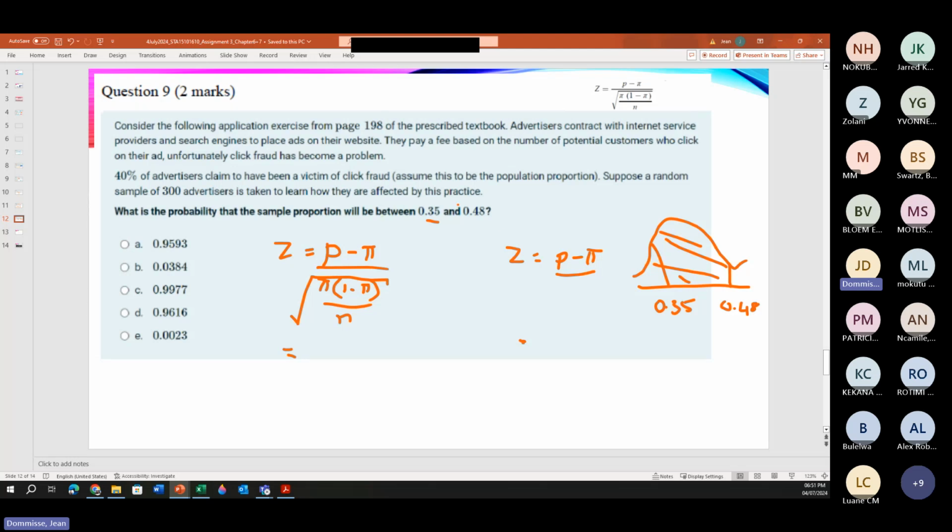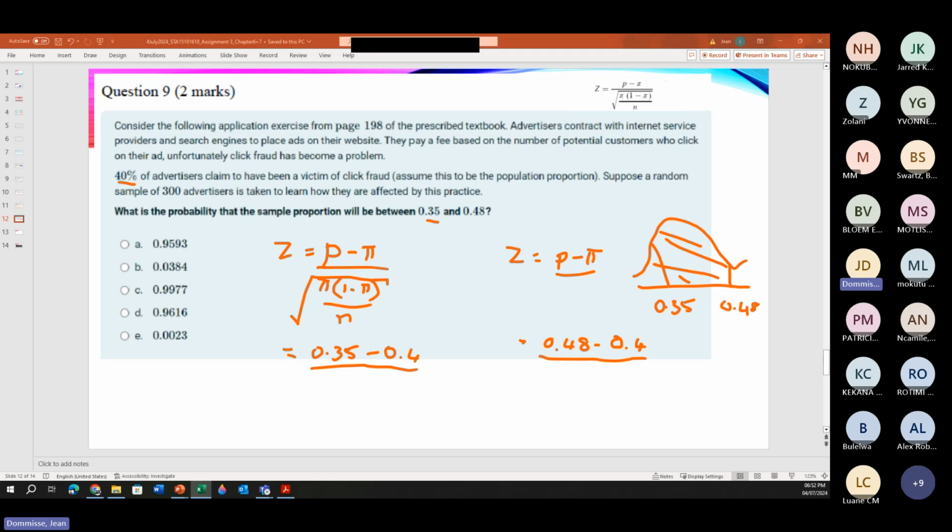So let's look at 0.35 minus, they tell us 40% of advisors claim to have been a victim of click fraud. So that's minus 0.4. On this side, it will be 0.48 minus 0.4. So at least now we can see one is going to be negative, one is going to be positive.